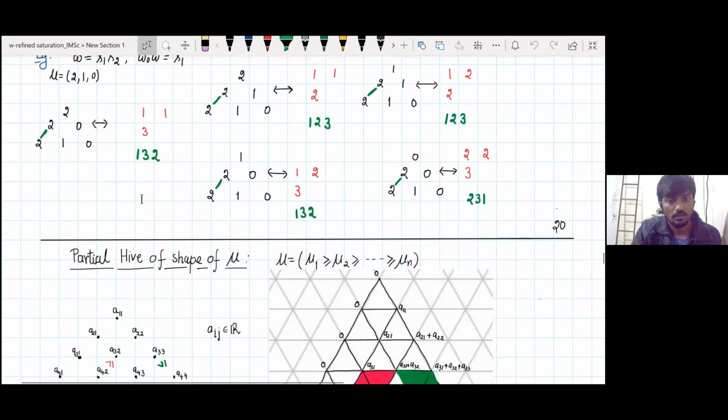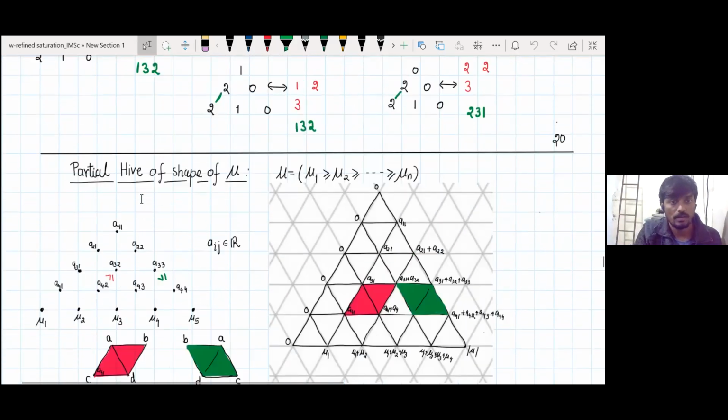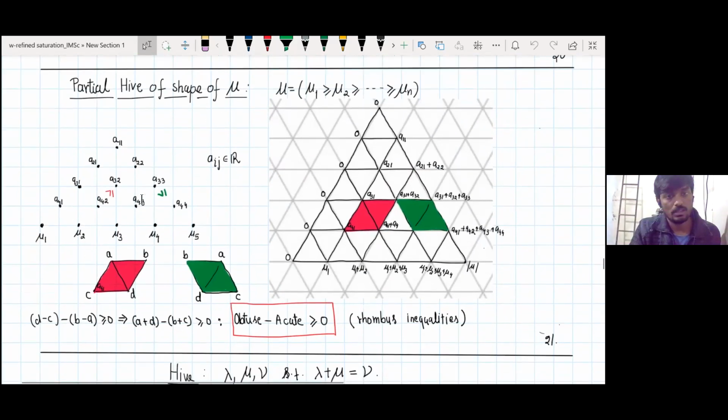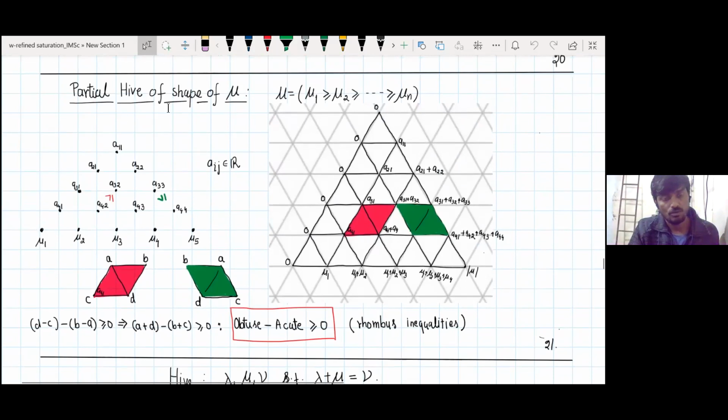Okay, so now I will talk about what the partial height of shape mu is. Partial height is also just like a GT pattern. From a GT pattern, going to partial height is very easy. In partial height, you have to just include one more side. Here you have these 5 dots, but here you have to put 6 dots on each boundary.